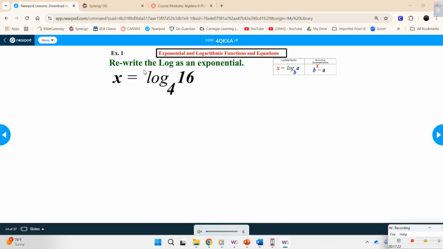Example 1. It says, rewrite the log as an exponential function. X equals log 4 16.